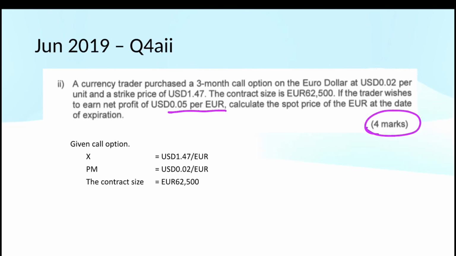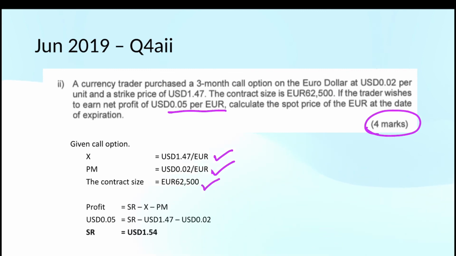Okay, list down the information. The X is 1.47, the premium price is 0.02, and the contract size is 62,500. So the profit is per unit, similar to the previous example. You have to use this formula.